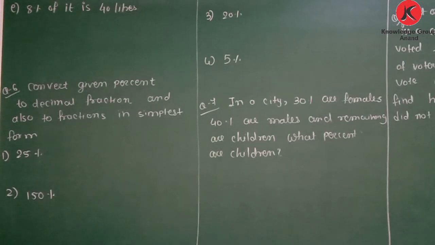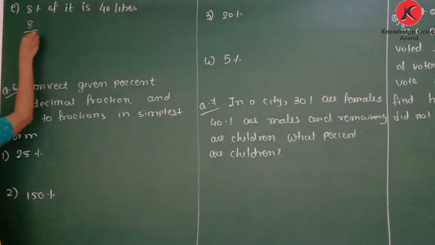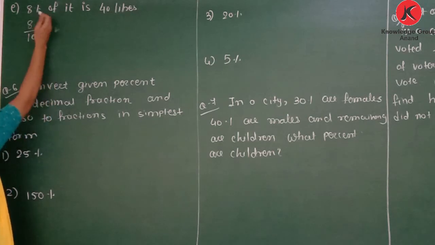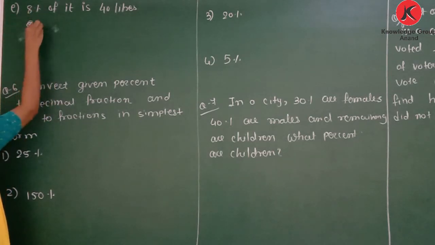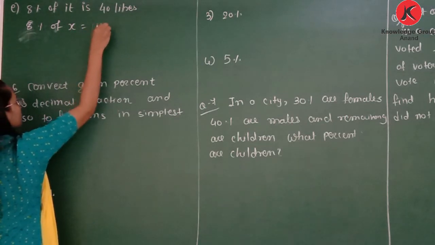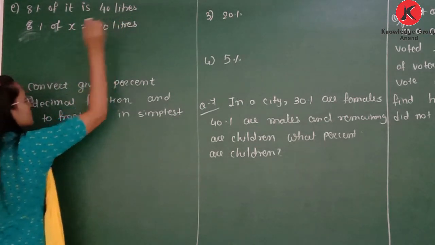Now next example, 8% of it is 40 liters. So we can write 8% means 8 by 100, of means multiplication. We can write 8% of x is 40 liters.